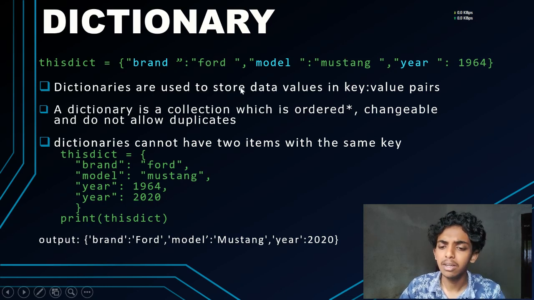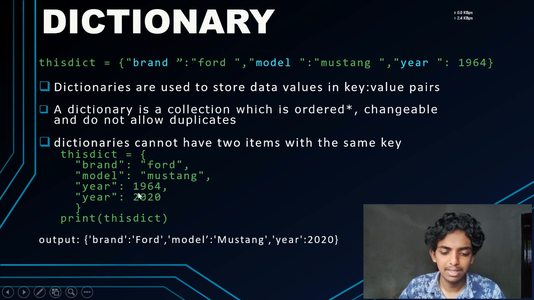So in a dictionary, the data is stored in key value pairs. A dictionary is a collection which is ordered, changeable, and does not allow duplicates. Dictionaries cannot have two items with the same key. For example, here we can see 2 years.